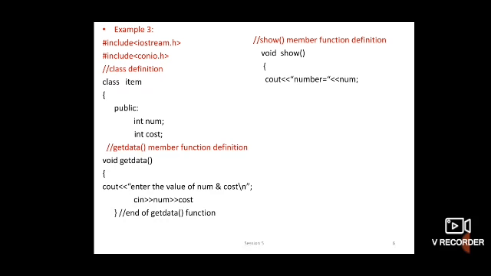Okay, whatever you write in double quotes, that statement or word is printed as it is on screen. Okay, now next cout insertion operator, \n means new line, to print the cost value on the next line. Cost is equal to whatever value is stored in the cost variable, that value will be printed. Cost is equal to cost, and end of show function and end of class.